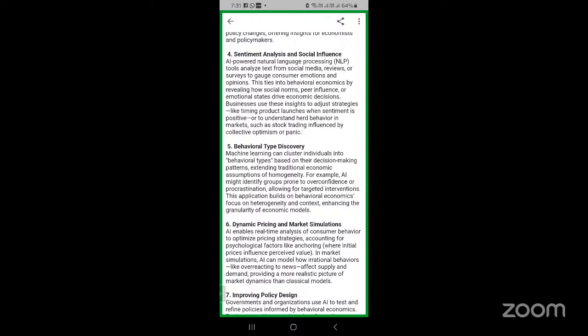So AI might identify the groups. AI can judge whether you are overconfident or whether you are following procrastination. Accordingly, AI can provide you some knowledge so that your specific behavior for purchasing the product can be controlled.